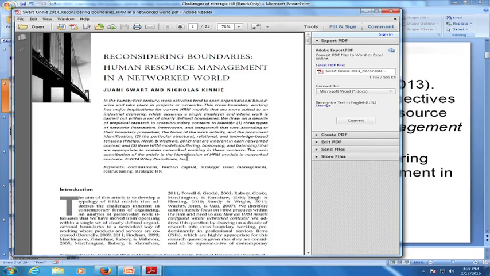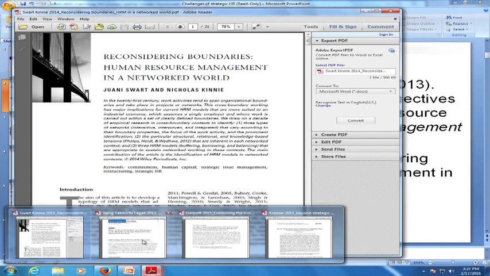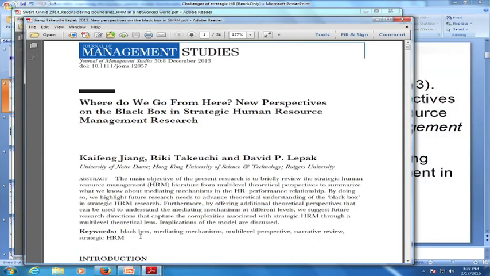It's called Reconsidering Boundaries, Human Resource Management in a Networked World, and the other paper is by Jiang, Takeuchi and Lepak. It is a very interesting paper regarding new perspectives on the black box in strategic human resource management research.